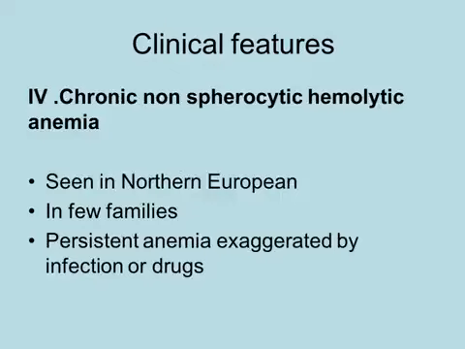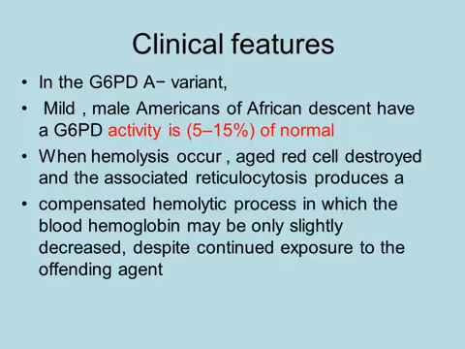The fourth manifestation is that of chronic non-spherocytic hemolytic anemia, which is seen in Northern European countries in a few families. Usually there is persistent anemia exaggerated by infection or drugs. In the G6PD A- variant, the condition is usually mild.